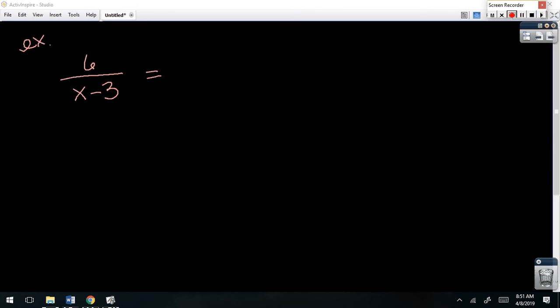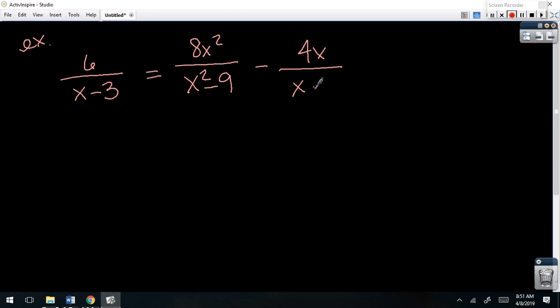I'm going to give you a second to try this one on your own. Now, again, your directions are going to ask you to check for extraneous solutions. If you plug it in and the equation does not work, then it's extraneous.